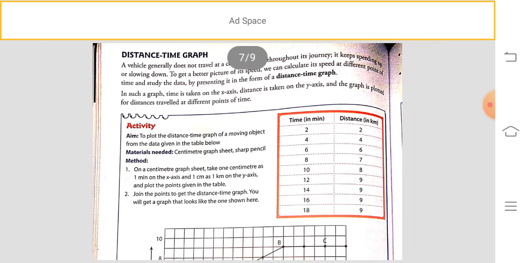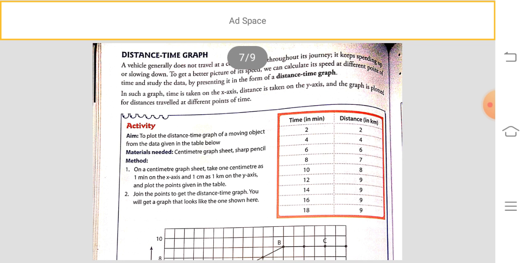Generally, whenever we travel and need to calculate the speed, we need to draw a graph of distance and time. The graph drawn between distance and time is known as the distance time graph.